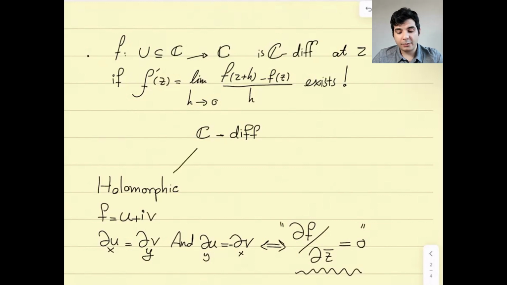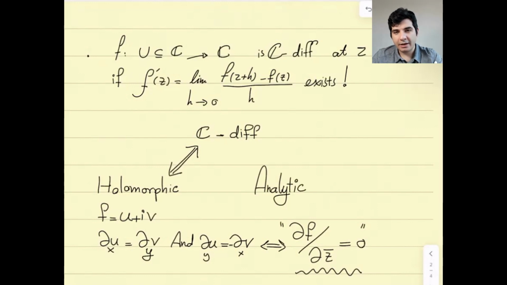Okay, the other thing we learned is that these two notions are equivalent. They're essentially the same. With a little bit of assumption about continuity of partial derivatives, these two things are the same. In the previous part, we learned a new definition.